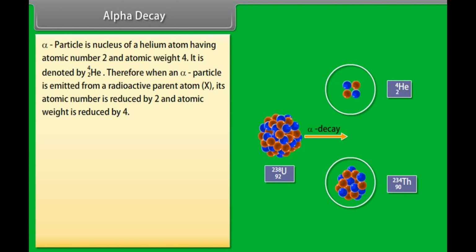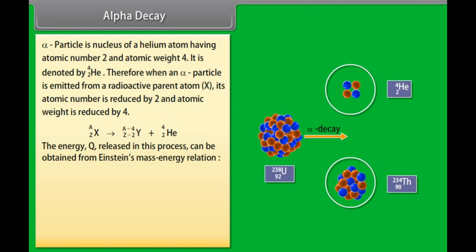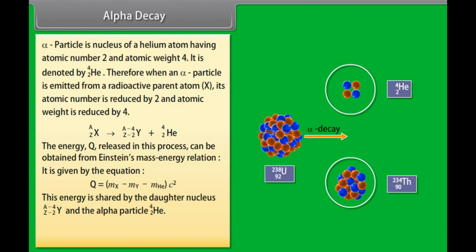The energy Q released in this process can be obtained from Einstein's mass-energy relation. It is given by the equation Q is equal to (m_X minus m_Y minus m_He) c². This energy is shared by the daughter nucleus and the alpha particle.